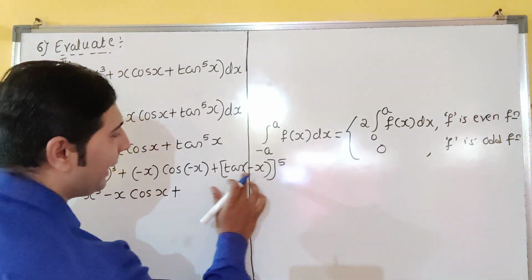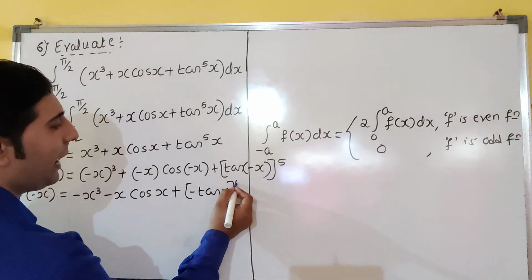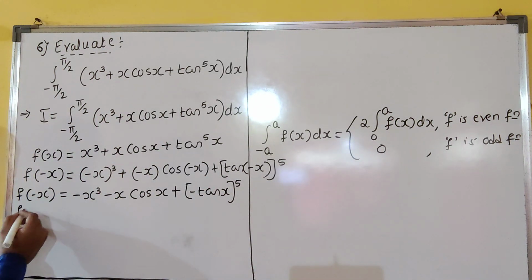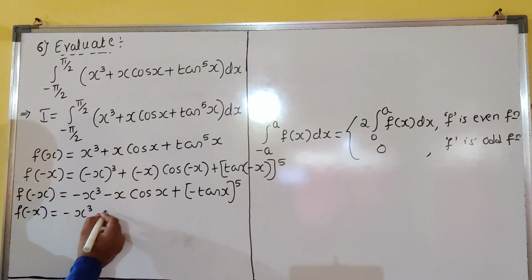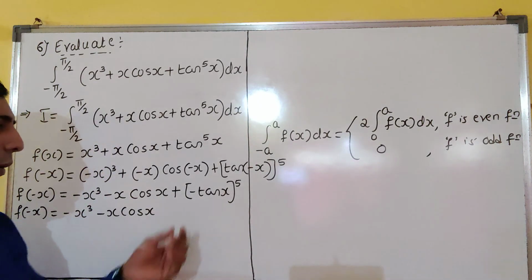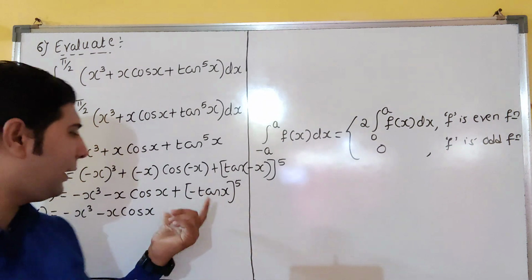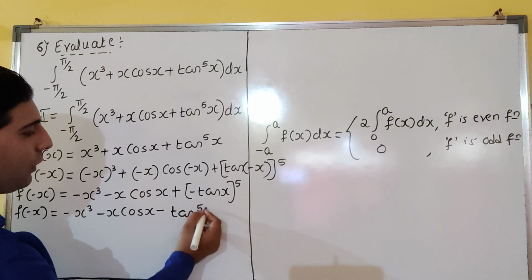Tan of minus x will give what? Minus tan x raised to 5, dear students. Tan of minus x is minus tan x raised to 5. So f of minus x is what? Minus x cube, minus x into cos x, plus into minus here. Minus tan x raised to 5, odd power, negative only, plus into minus, minus only, tan raised to 5x.